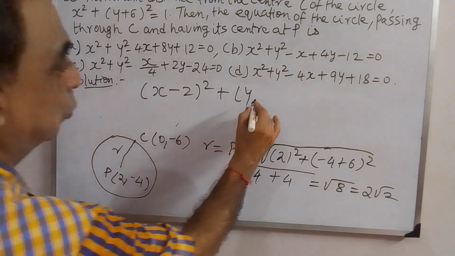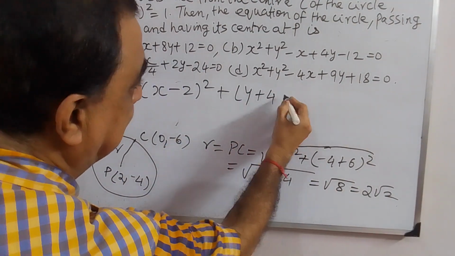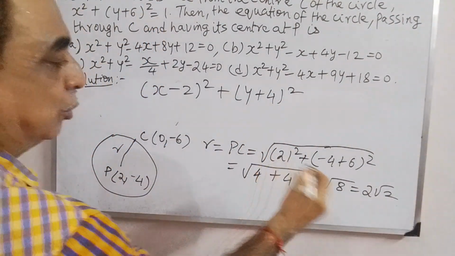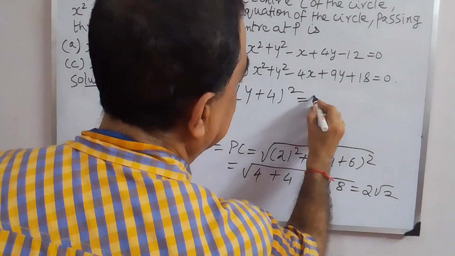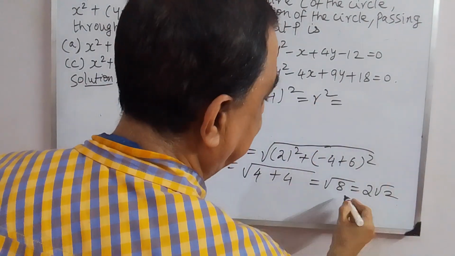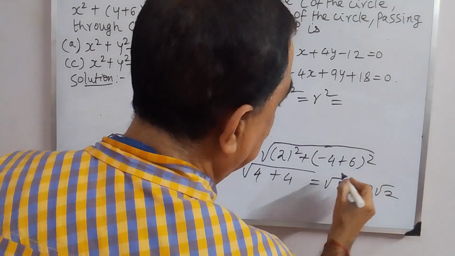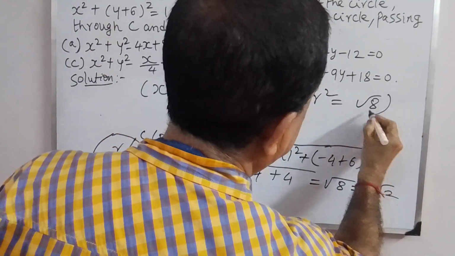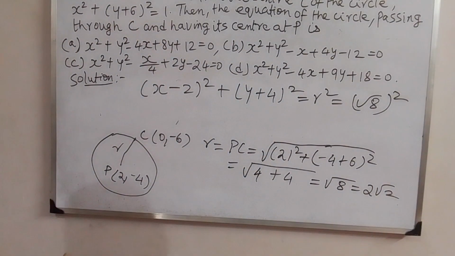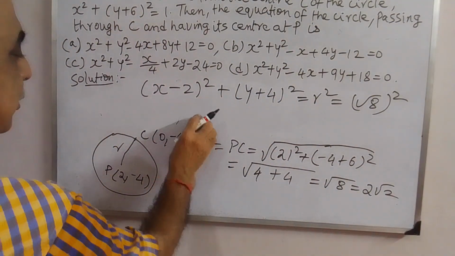So it is minus 4, so change the sign, y plus 4 whole square, is equal to radius squared. So the radius is 2 root 2, so root 8 whole square. So that will be the equation of the required circle.